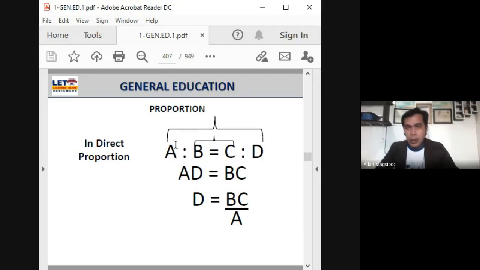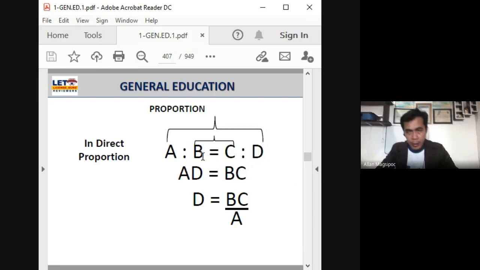In a direct proportion like this, if for example one part of the proportion is unknown, we have here equations. Since A is to B is equal to C is to D, we multiply the extremes. The outside variables, A and B, are called extremes.